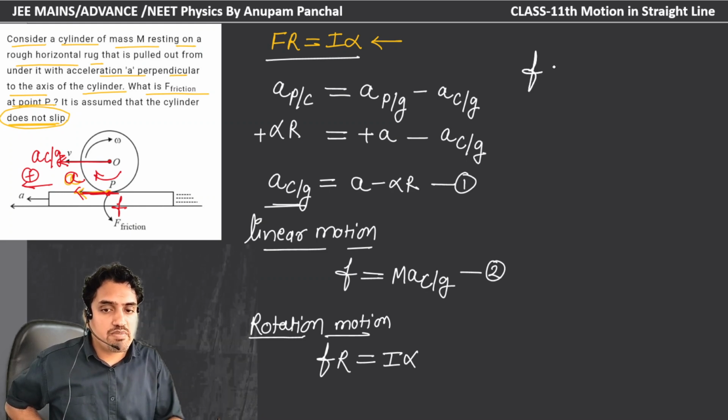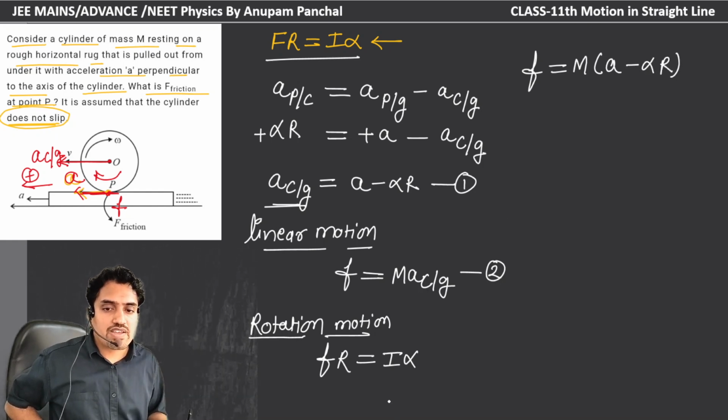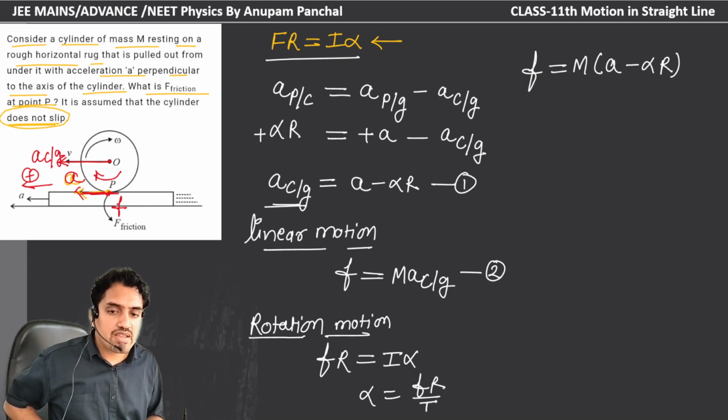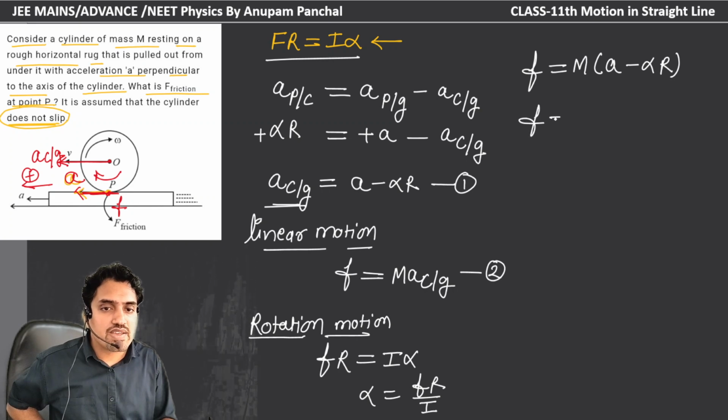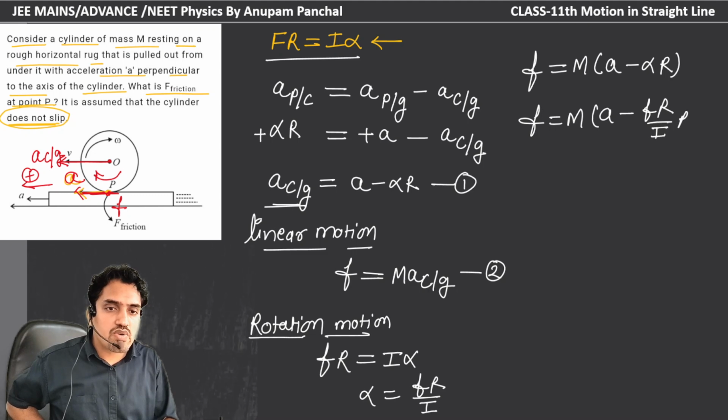So F becomes F is equal to mass into a minus alpha into r. Now alpha is equal to what? Alpha is equal to F into r divided by I. If we place the value of alpha, we get F is equal to m into a minus F into r divided by I, into r.